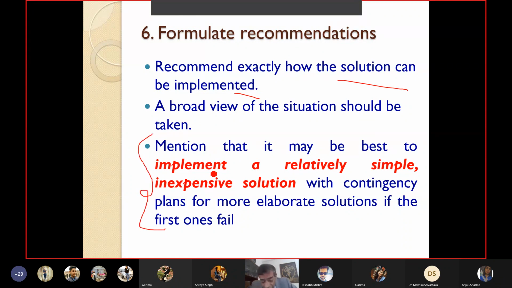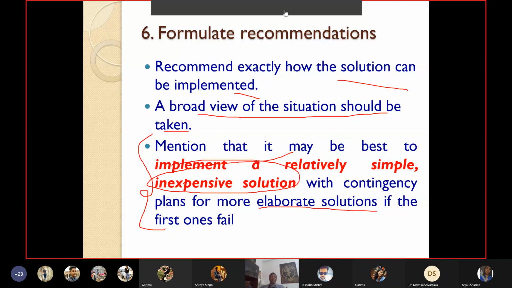All of you should realize when you go into your management consulting business, if ever any of you take up consulting as a career, it is of vital importance to understand that a broad view of the situation should be taken. Mention that it may be best to implement a relatively simple solution rather than complex solutions, unless the first ones didn't work out.